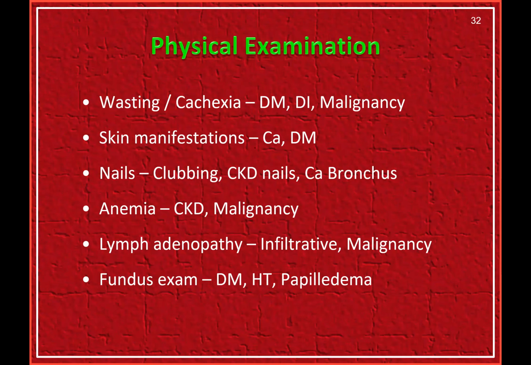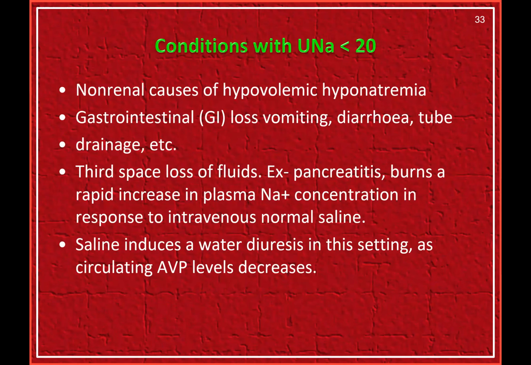Fundus examination for hypertension, diabetes and papilledema. These are some of the physical examinations apart from assessing the volume status. Remember wasting and cachexia, skin manifestations, nail changes, anemia, adenopathy, fundus examination, and of course volume status measurement is a very essential part.